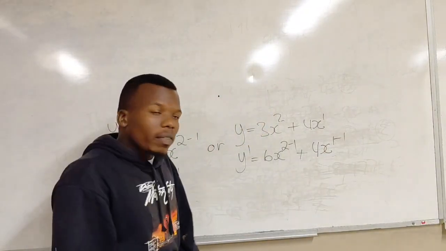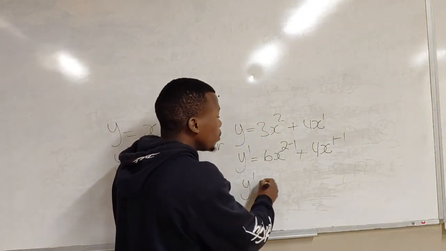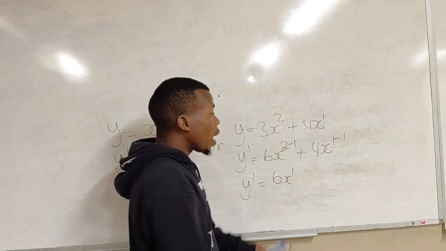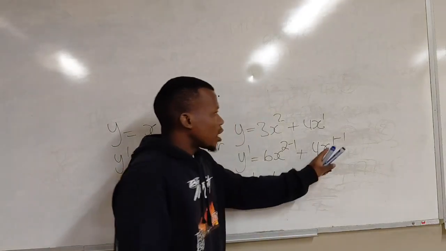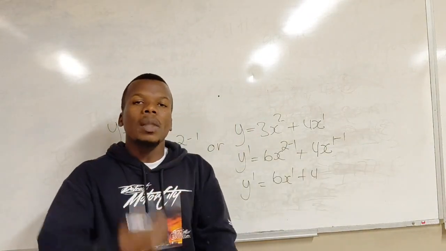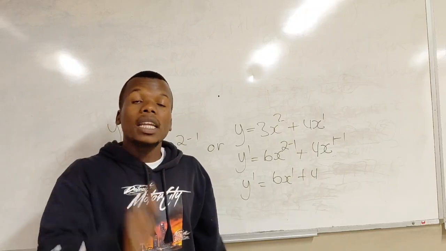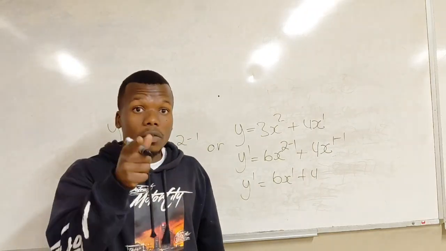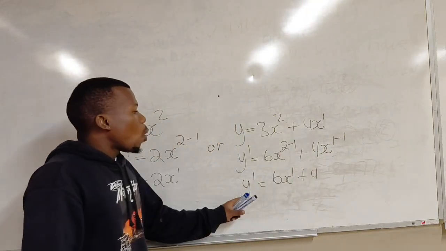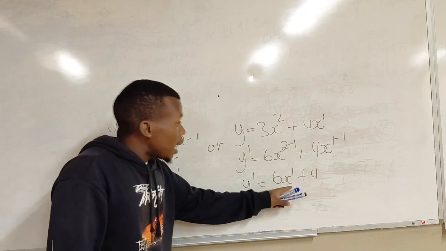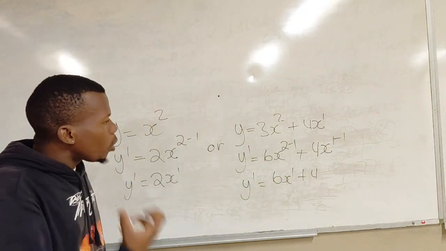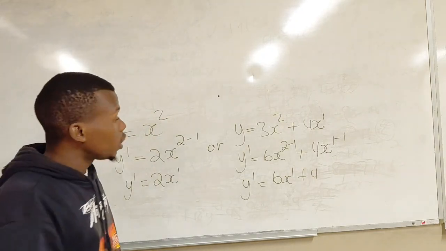Then if I simplify, I'm left with y prime is equal to 6x to the power of 1 plus 4x to the power of 1 minus 1. What is 1 minus 1? It is 0. X to the power of 0 is equal to 1, because any number to the power of 0 is 1. Meaning here I'm left with 4. Meaning our y prime is equal to 6x plus 4.